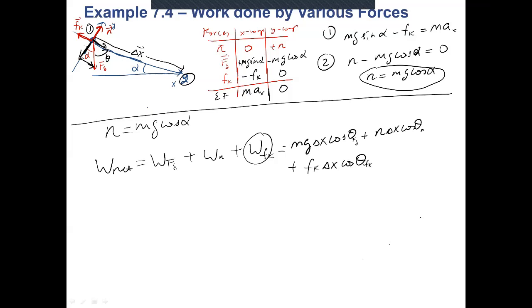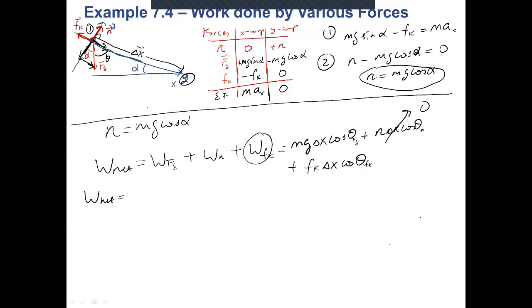That's my net work. One of the things you can see quickly is that the normal force here is perpendicular to displacement, so this whole thing is 0. But gravity is no longer perpendicular, so it's actually doing work.